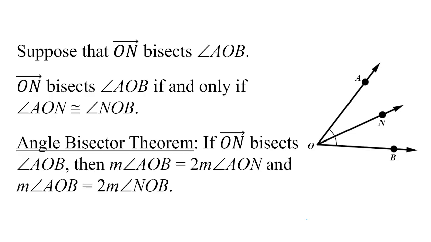So as you can see, both the midpoint and angle bisector theorems actually say the same thing: the whole thing equals twice one half of something. So with that being said, let's look at some examples.